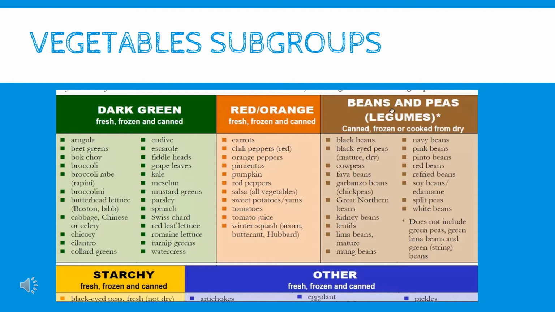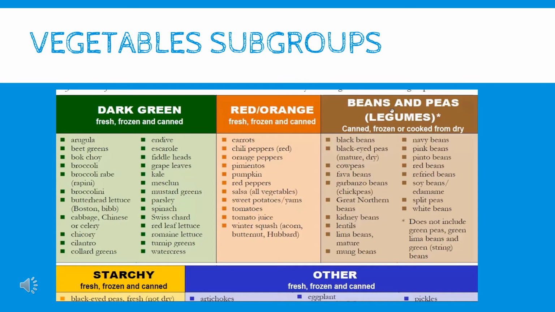Examples of dark greens are arugula, kale, spinach, broccoli, bok choy, and examples of red and orange vegetables are carrots, orange peppers, pumpkin, red peppers, tomatoes, sweet potatoes, and some examples of beans and peas are black beans, navy beans, pink beans, pinto beans, split peas, and white beans.